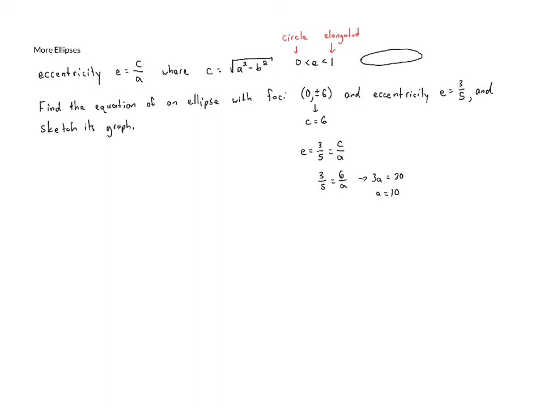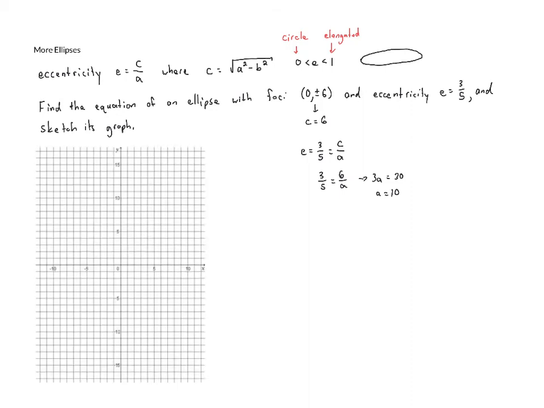Now, because the foci are located at 0, plus or minus 6, these are on the y-axis, up 6 units and down 6 units. In fact, we can plot these on the xy plane. So they're at plus or minus 6.